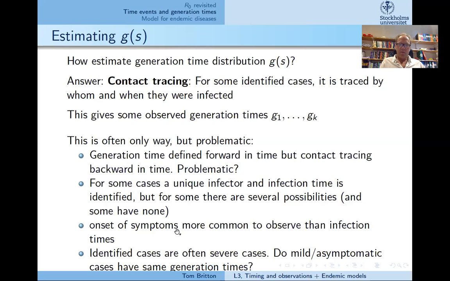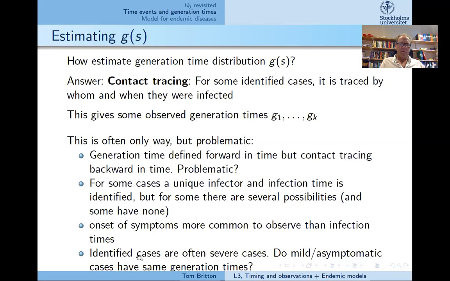Another problem is that, as I tried to allude to earlier, typically what you observe is the onset of symptoms and not when you get infected. You would like to see the infection time, but what you typically observe is the onset of symptoms. So there is a delay here. And another problem has to do with representativity.